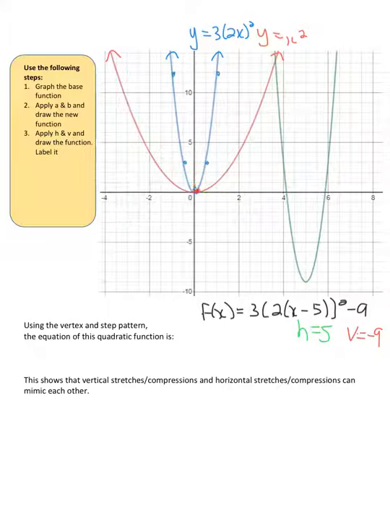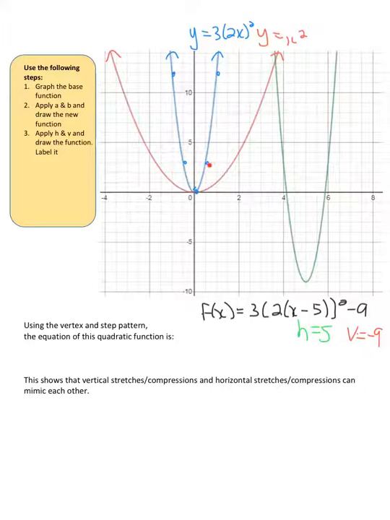So I'll start at the origin, and I'm going to move 5 to the right, 1, 2, 3, 4, 5, and then I'm going to go 9 down, 1, 2, 3, 4, 5, 6, 7, 8, 9. So I end here. That's where my vertex is.